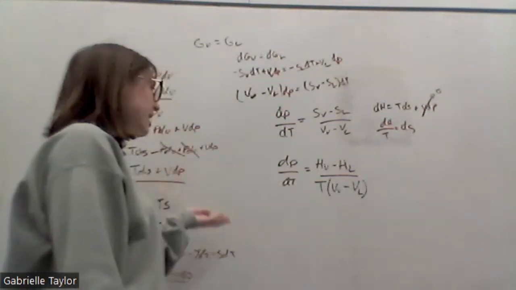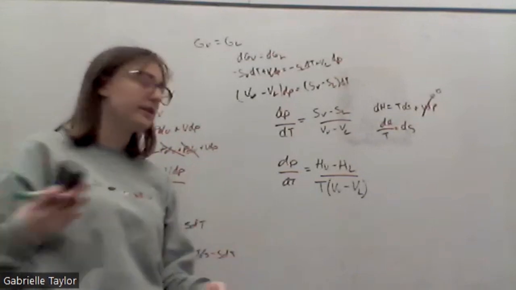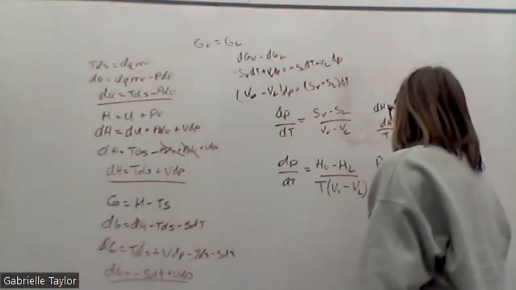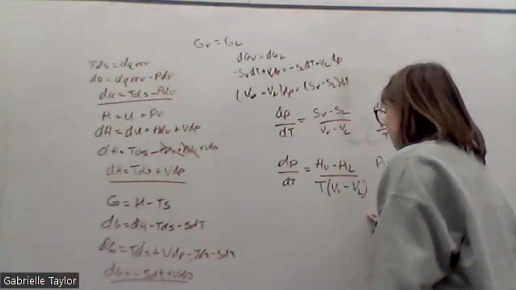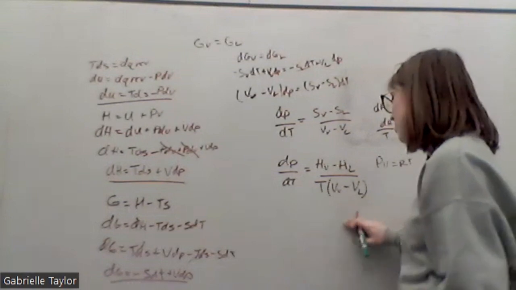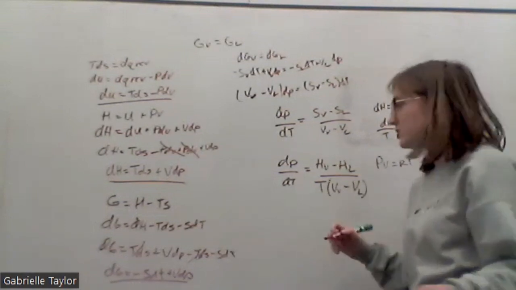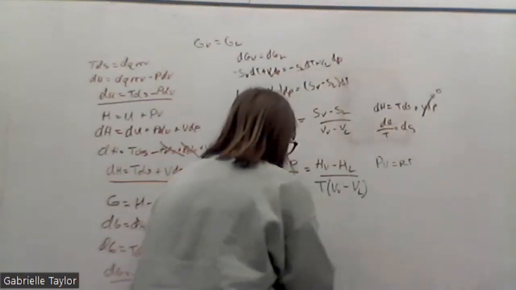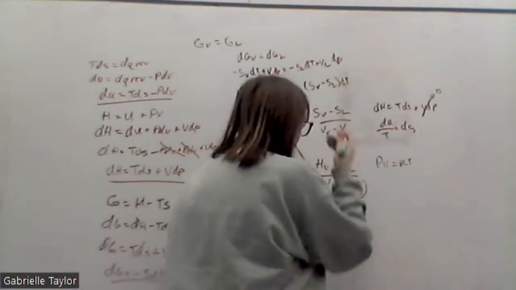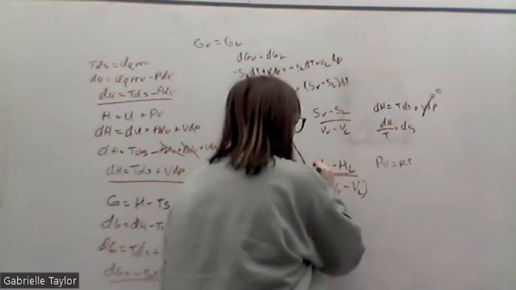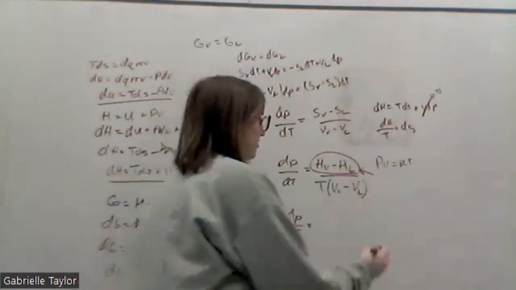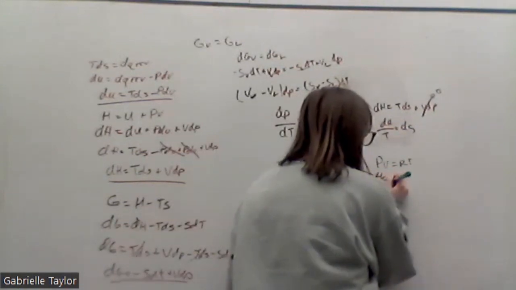So now we are saying the Clausius part. Clausius means it's an ideal gas, so that means PV equals nRT. We can say that this is just our volume, since the volume of the entire container is not going to change. And also this right here is going to be our heat transfer of the vapor.